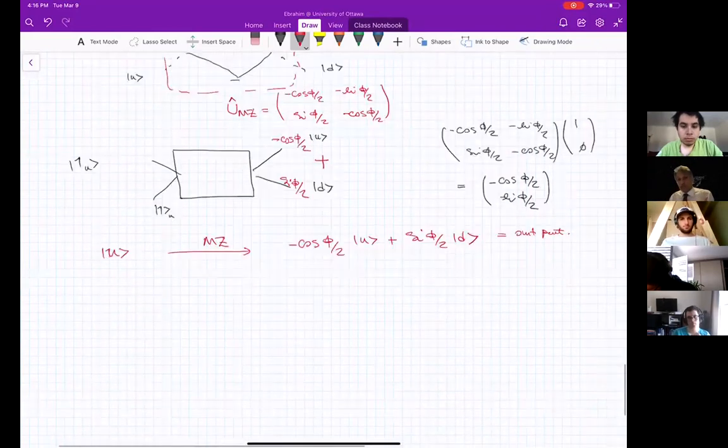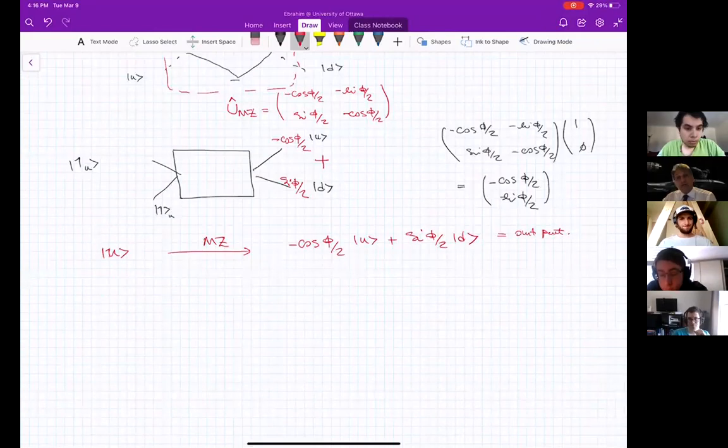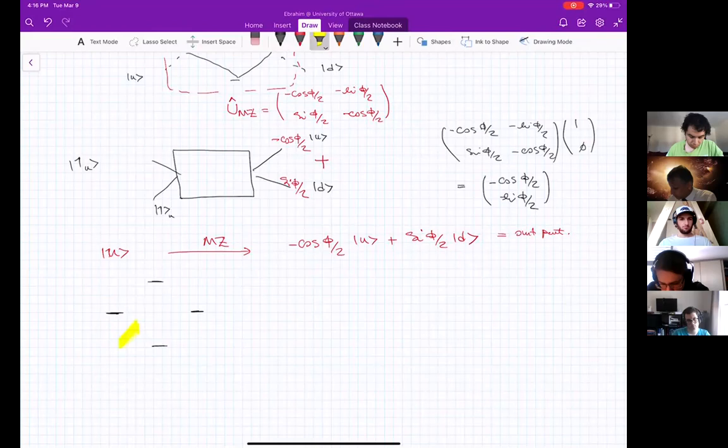So in order to create arbitrary qubits, what we need is a beam splitter or two beam splitters. We need two mirrors. We need two phase elements, one here, one either in the other ports, or even at the beginning works. It's up to you. Let's do it in the output ports.